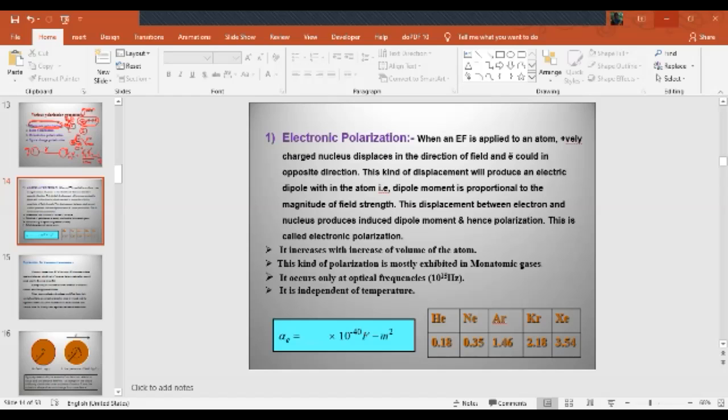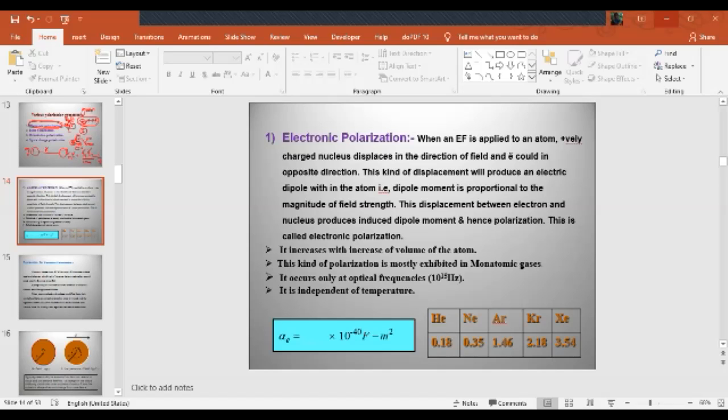The nonpolar molecules do not have a permanent dipole moment. If a nonpolar dielectric is placed in an electric field, the centers of charges get displaced. If you place this non-polar atom in an electric field, the electron cloud or positive ion core is displaced from its original position.